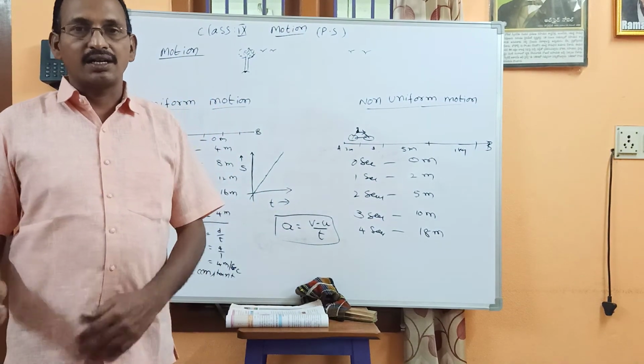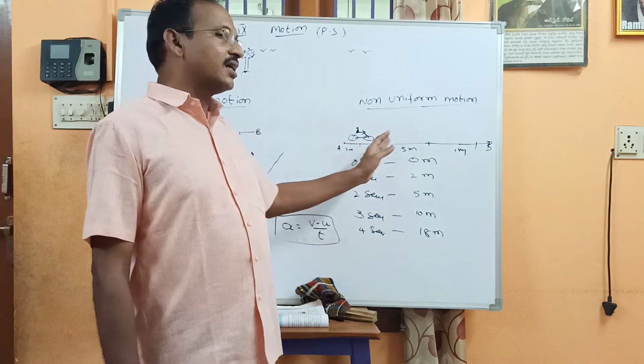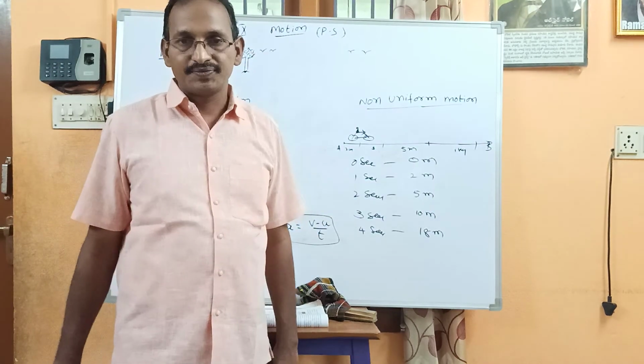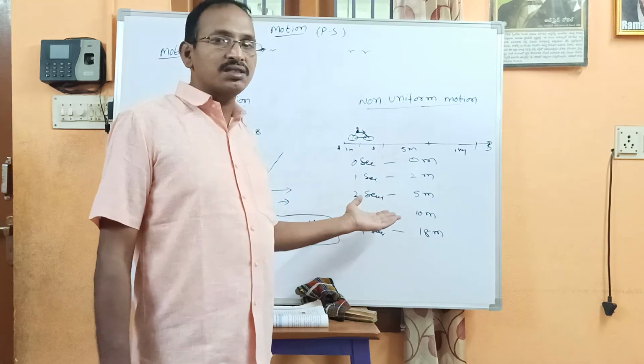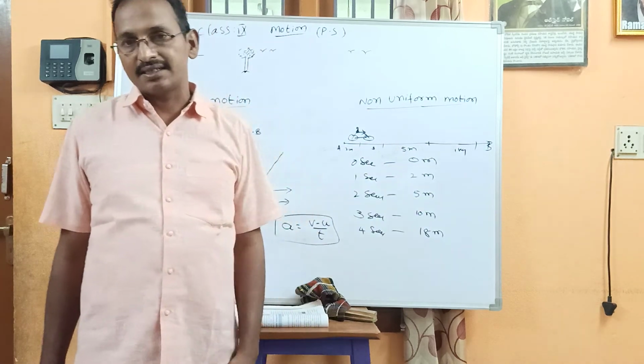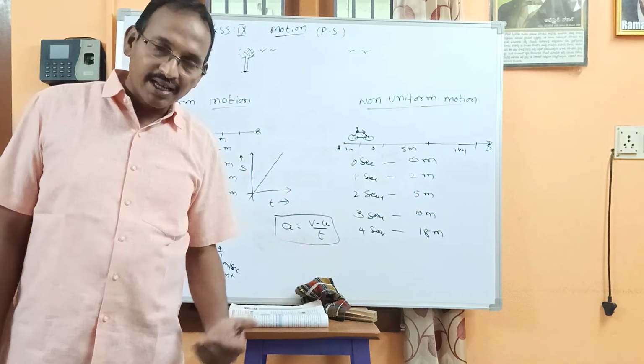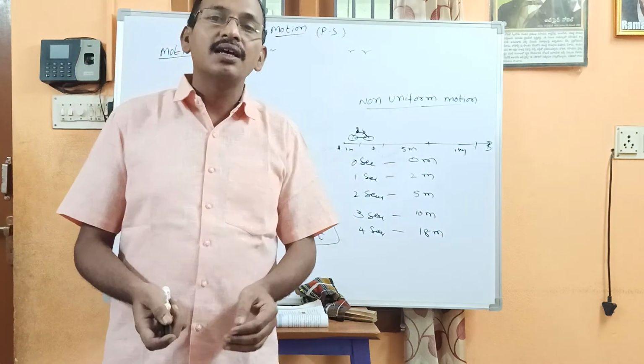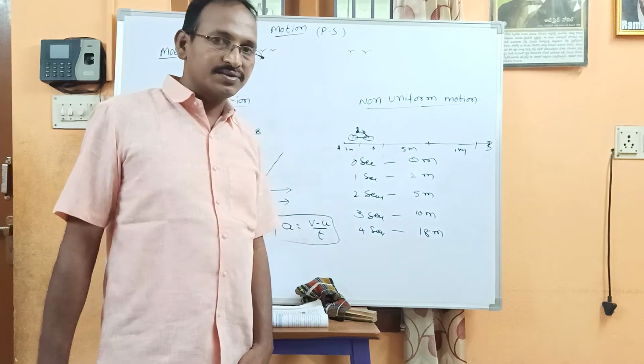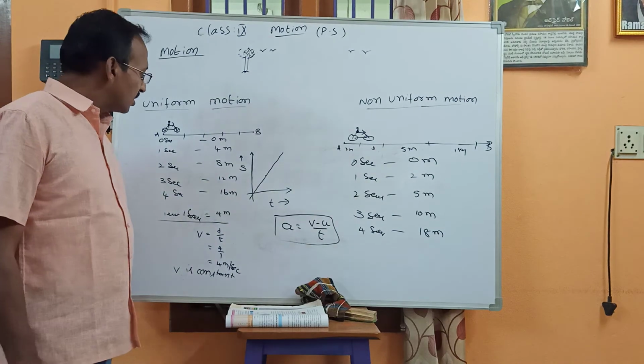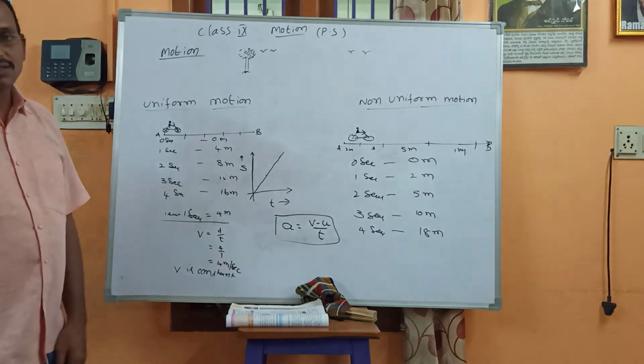Unequal distances are covered. Here it is increased; in some cases it may be decreased. If it increases, that means this object is moving with acceleration. Suppose the distances are decreased, you can say that the object is moving with deceleration. These terms are very important, and these two definitions are also important.